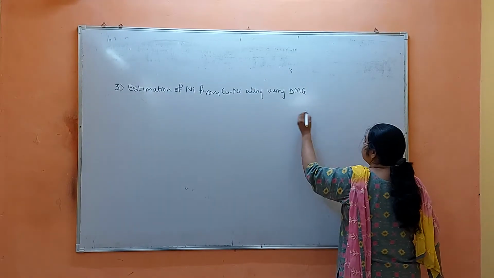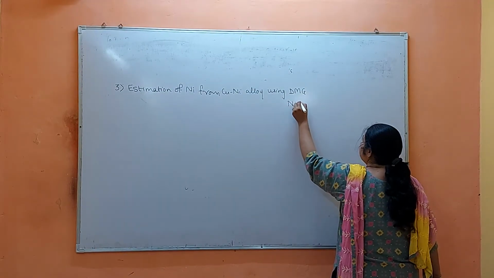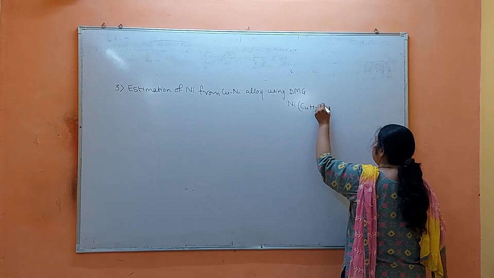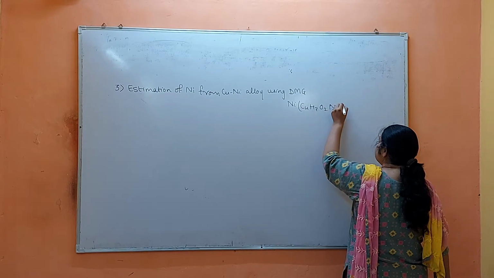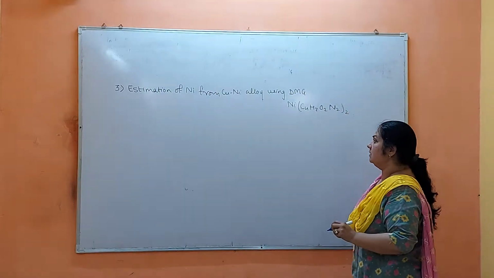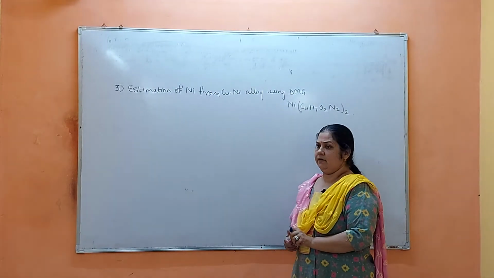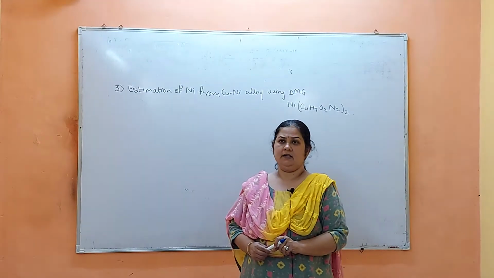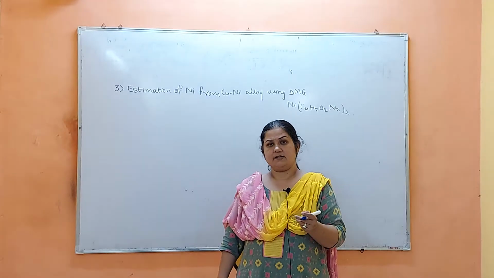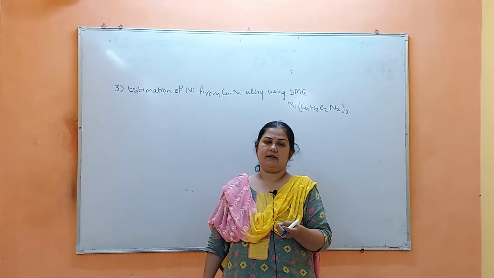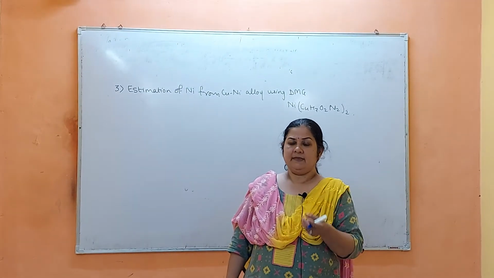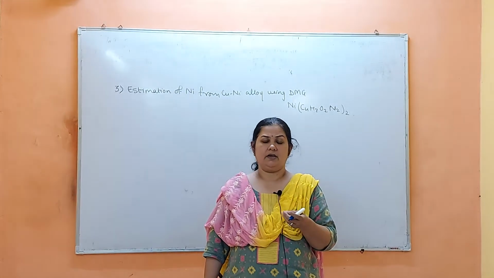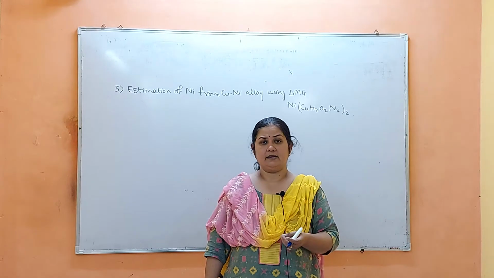Nickel is precipitated out as the nickel DMG complex, that is Ni(C4H7O2N2)2. Now a fixed amount of copper nickel alloy is taken in a beaker, concentrated nitric acid is added to it, and it is heated till the alloy completely dissolves in the nitric acid.